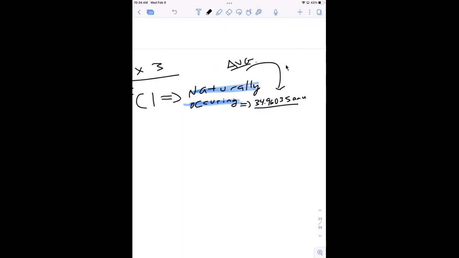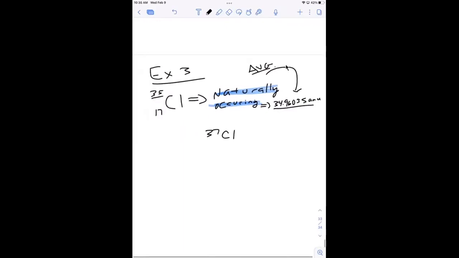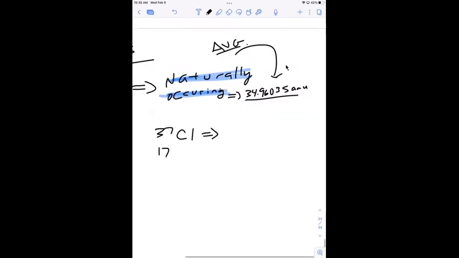All right. So we have an isotope with mass 34.96035, and then we have another isotope, chlorine 37, which has a mass of 36.96590.